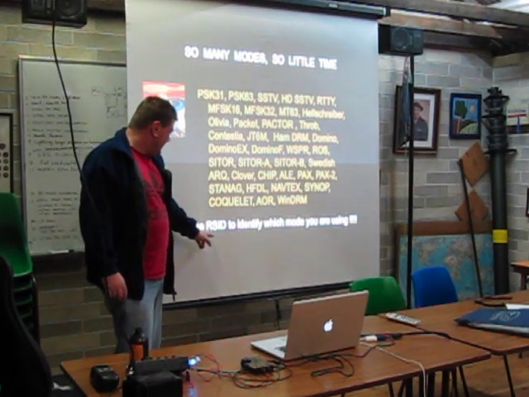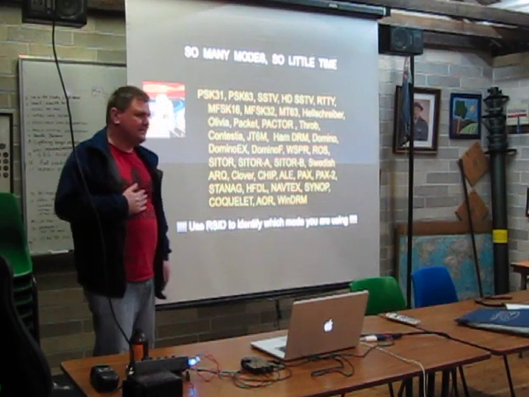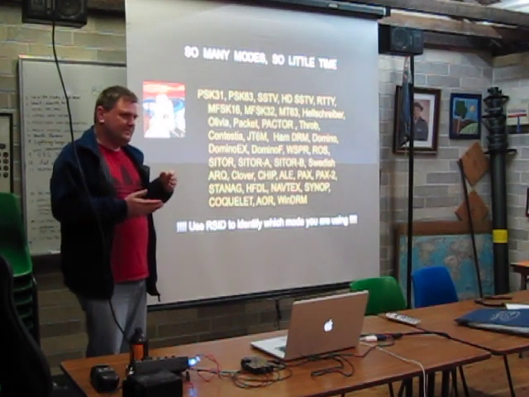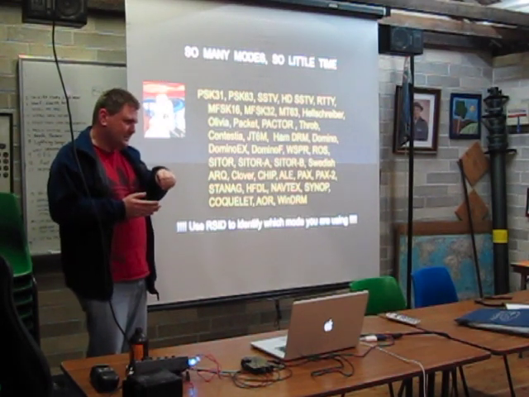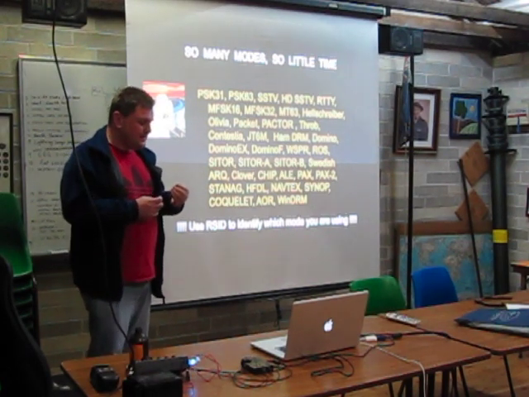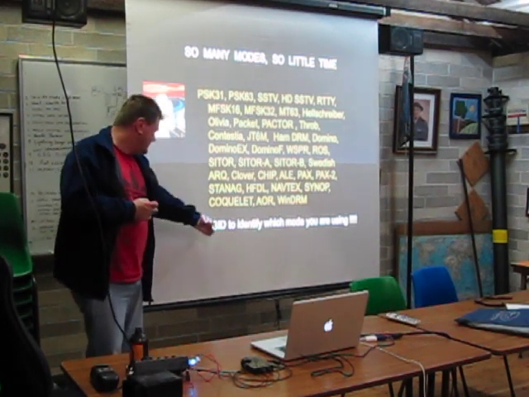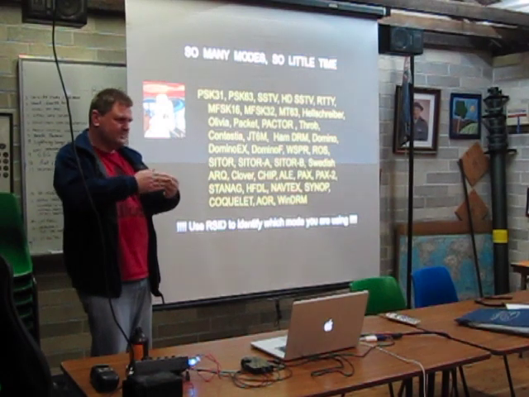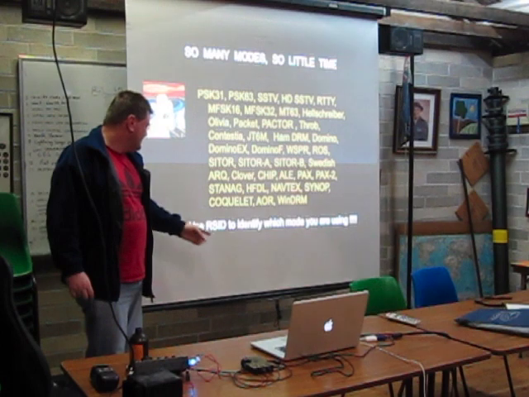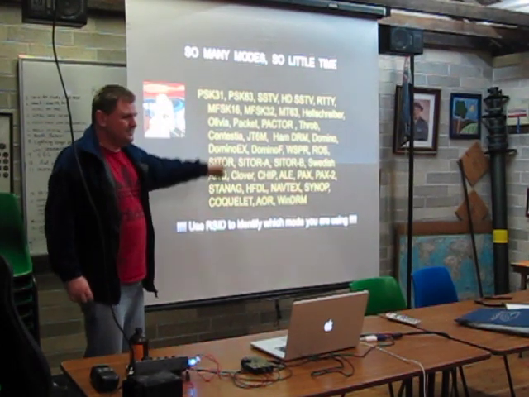So there's this thing called RSID, which is Reed-Solomon identification. That's a little FSK, frequency shift keying, signal that appears at the start of your transmission, and it basically represents a code number. If you transmit that little standard burst, your RSID, before you start the actual transmission, then any other station listening can get the code number you're using and know which mode you're using.